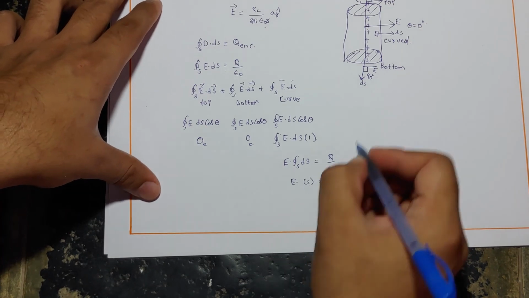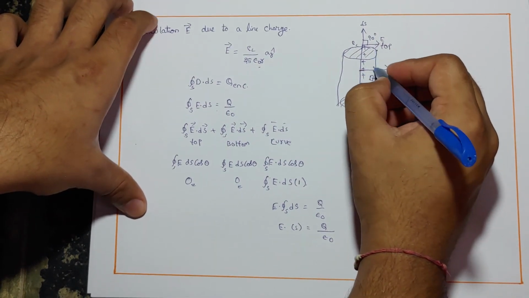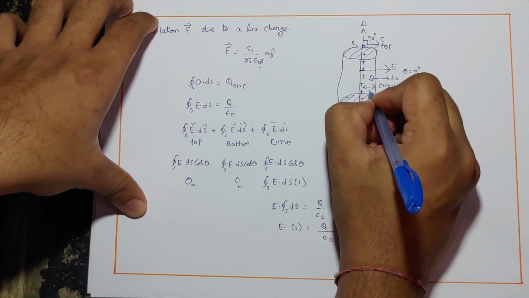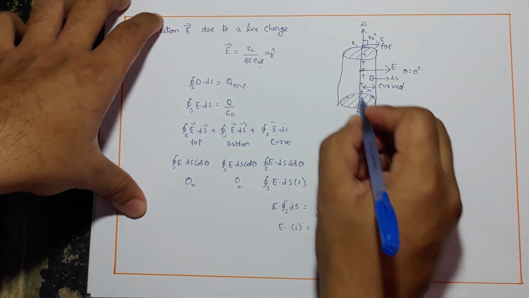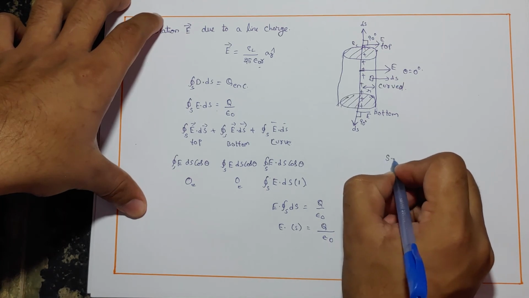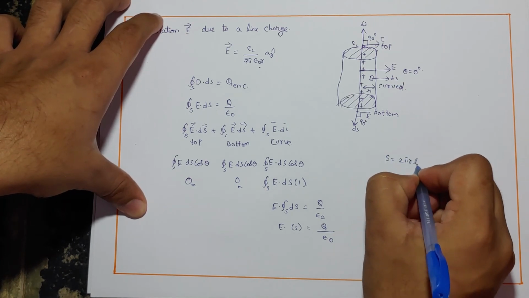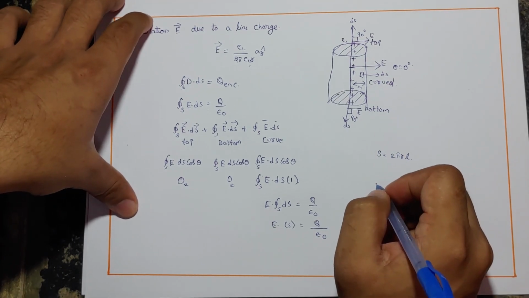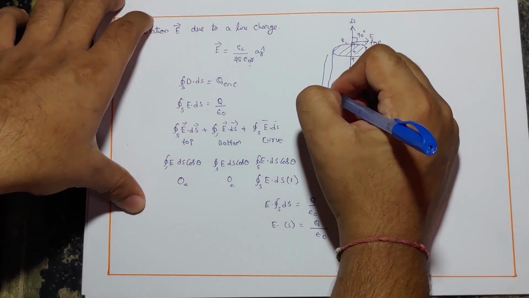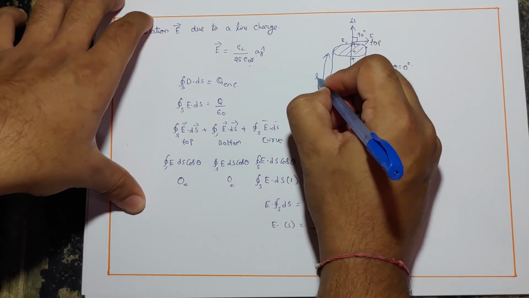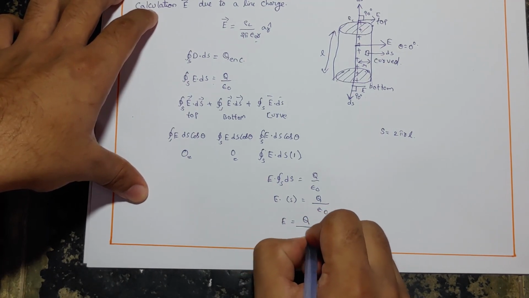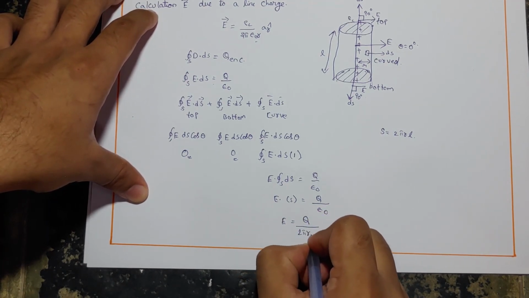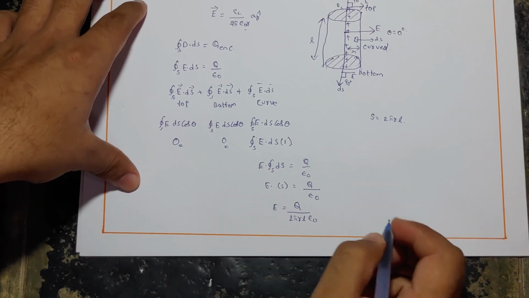Here the surface is in the direction of cylinder, which is the radius of R. We know that area of the curved surface is equal to 2 pi r times of L, as length is L. That is E is equal to Q by 2 pi R L times epsilon naught.